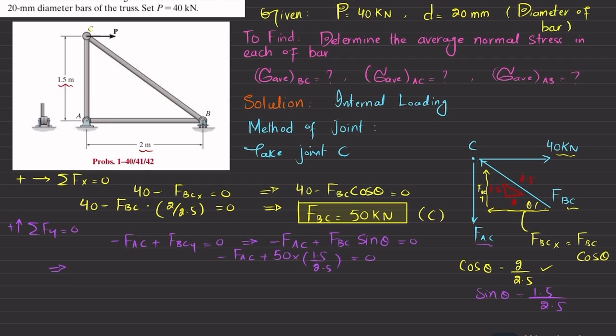So you will get FAC equal to 30 kilonewton. The value is positive, so it means that the force exerted by this member at point C is in compression.